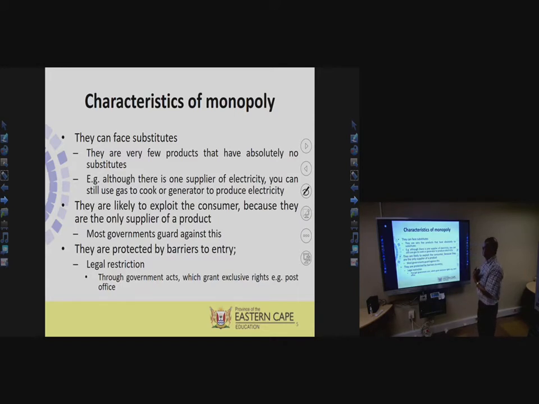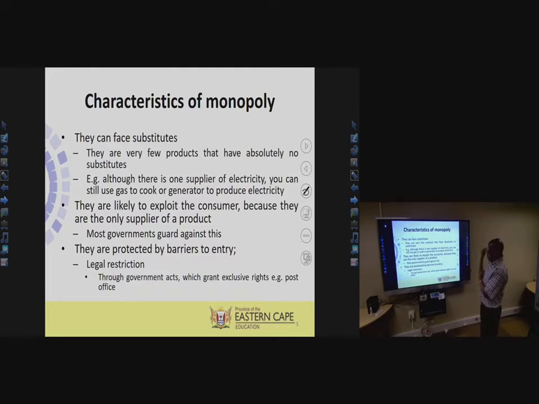You can use a generator, for instance, which uses petrol or any other form of fuel. They are not a close substitute for electricity, but basically they can substitute for electricity. I think my point is clear.